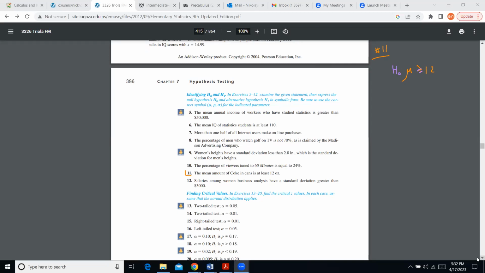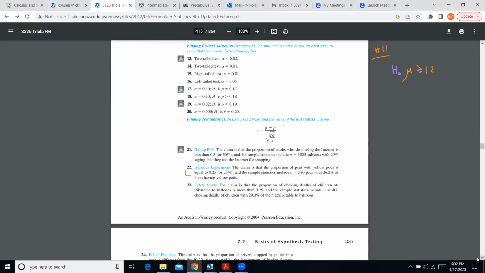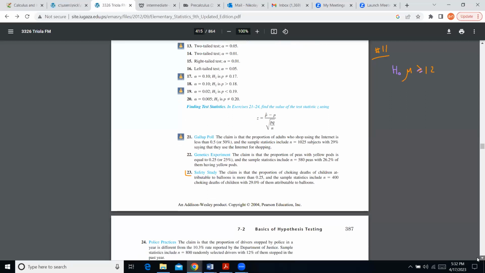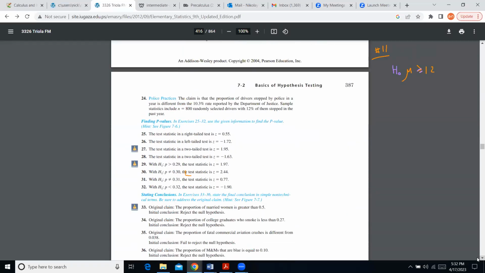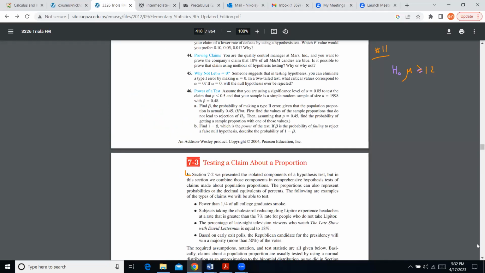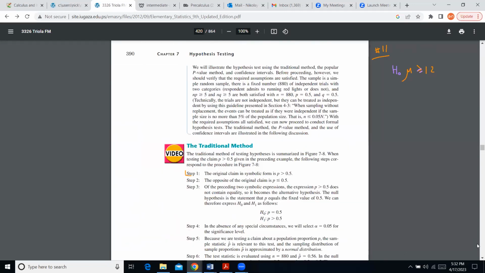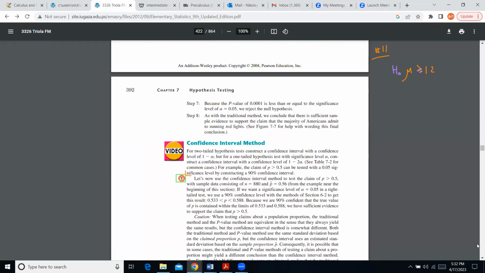I think it'd be a good idea to actually move to the section and do a problem where we can apply all of these settings. And that's why I want to move to section 7.4. And I will do 7.3 after that.